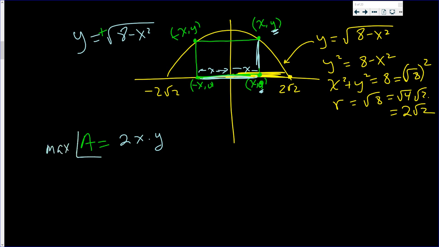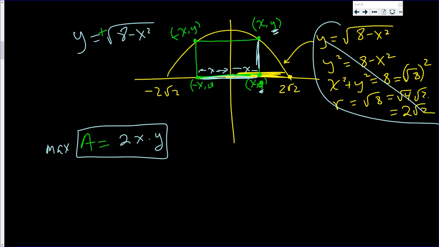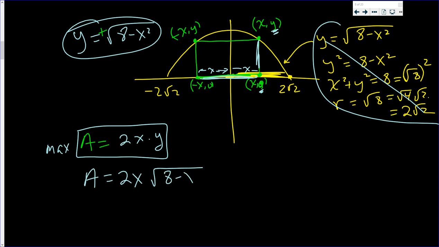It's looking good until you realize that I have two variables, x and y. I need to get rid of one. You look around and say, that's another way of writing y. So A is 2x times the square root of 8 minus x squared.